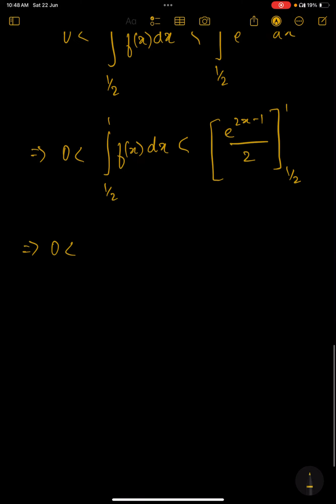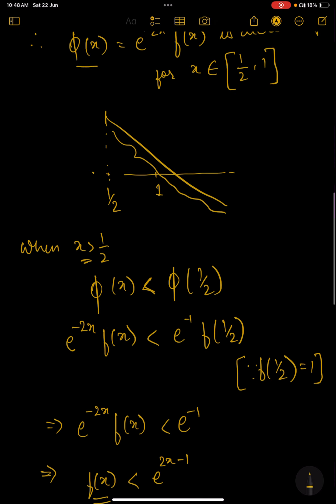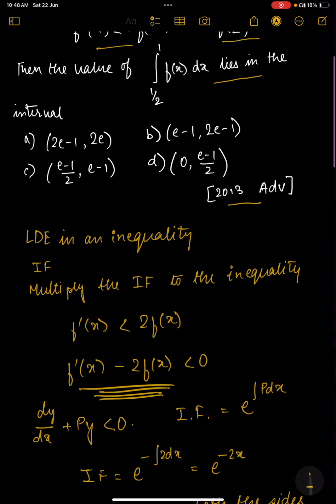We apply the values and we find that this integral falls in the range 0 to (e to the power 1/2 minus 1)/2, both excluded. So my option D is correct.